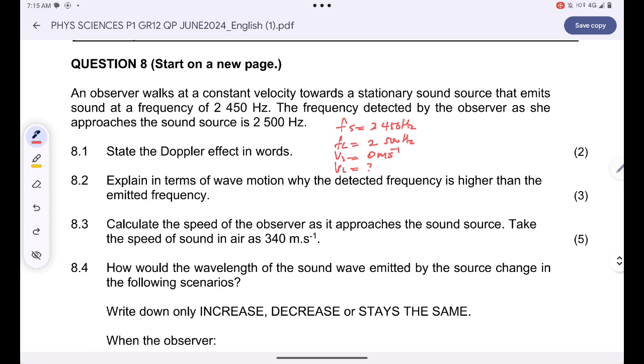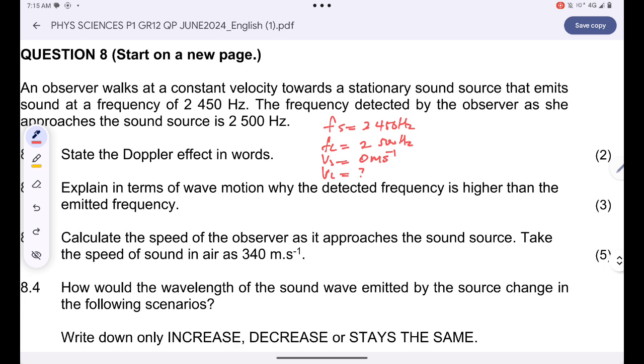Okay, then now they want us to explain in terms of wave motion why the detected frequency is higher than the frequency emitted. This is true, guys, because whenever the observer moves towards the stationary source, the wavelength of our sound source will definitely decrease, and at a lower wavelength, that means frequency will increase.